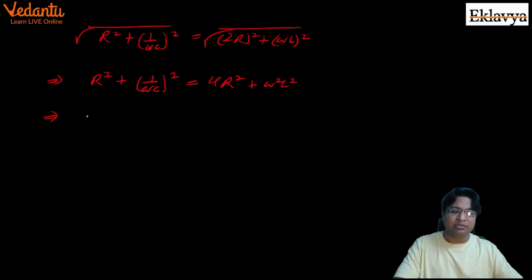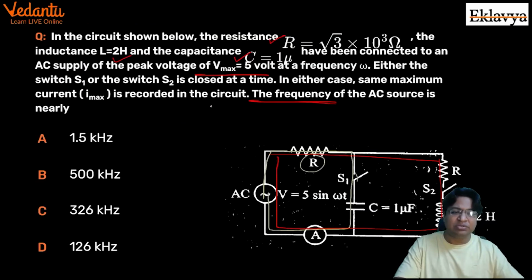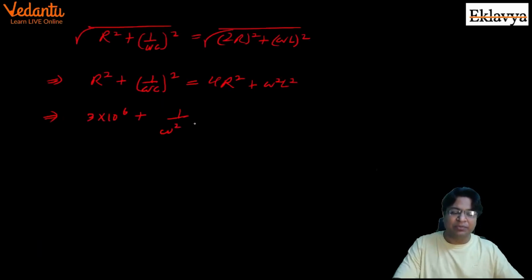When we solve this, if I put the value of R as root 3 into 10 raised to power 3, it becomes 3 into 10 raised to power 6 plus 1 upon omega square into C square, where omega is something that we are trying to find out. C is 1 micro, so 1 upon C square actually becomes 10 raised to power 12 here. That is equal to 4 into R square.